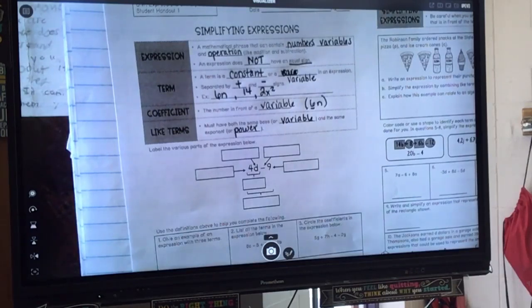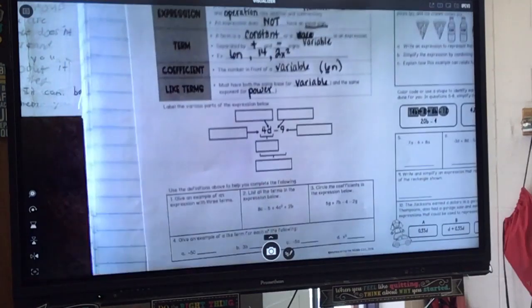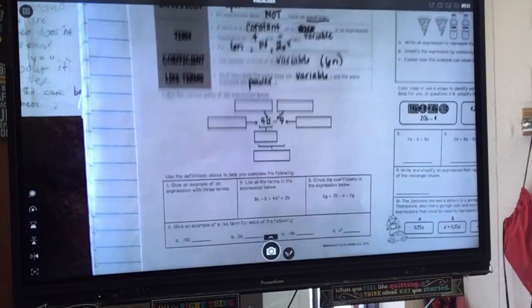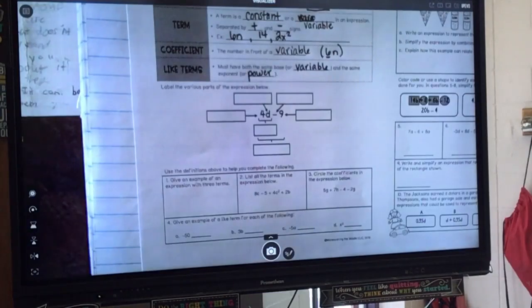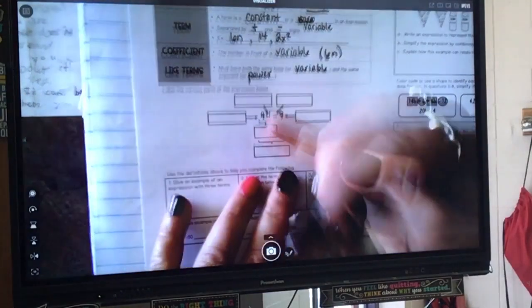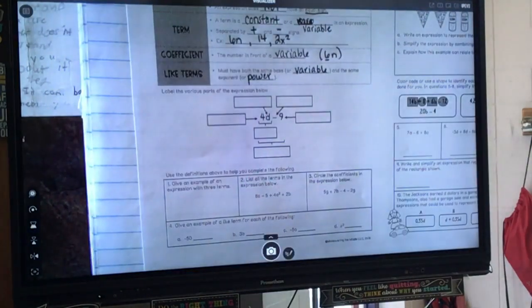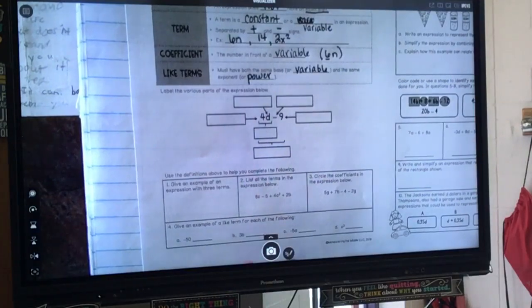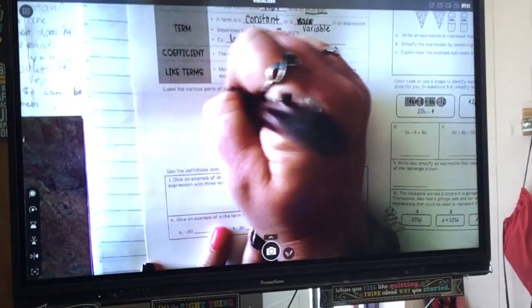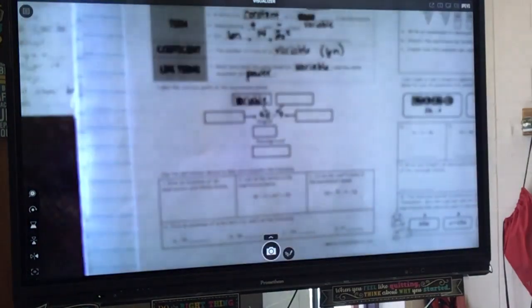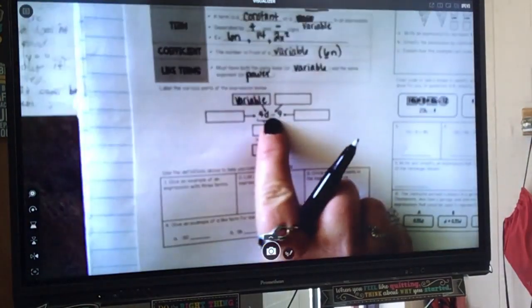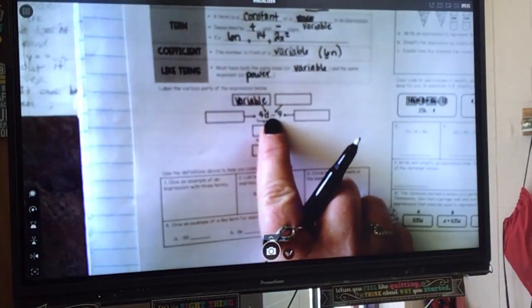All right, so we are going to identify parts of our problem down here. So the letter, start with the easy one, is what? Raise your hand and tell me. Cooper, is your variable. Okay? This subtraction sign right here is known as what?